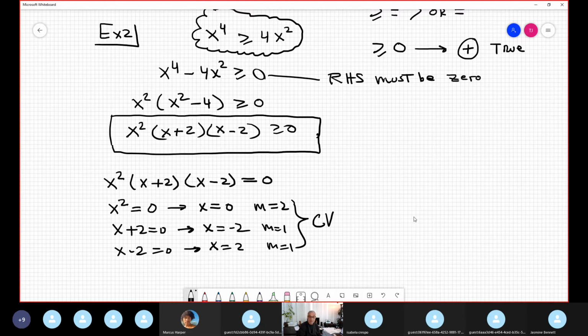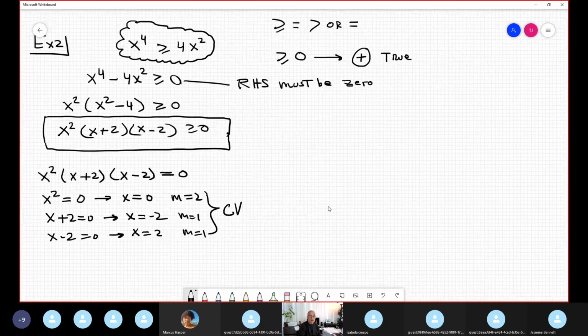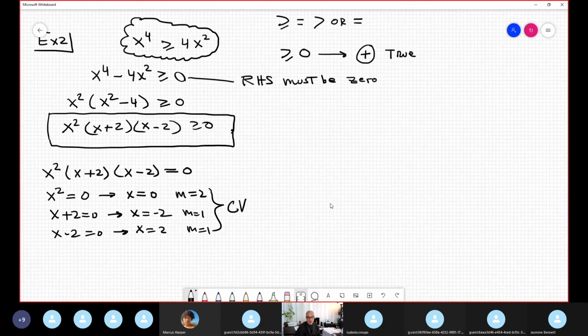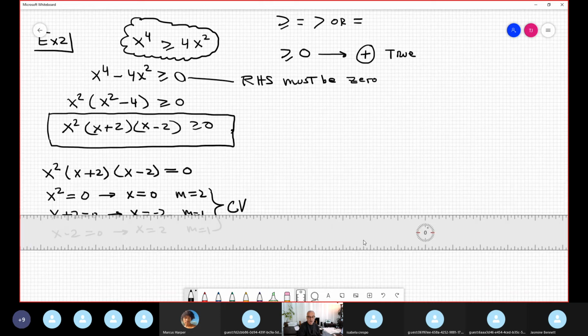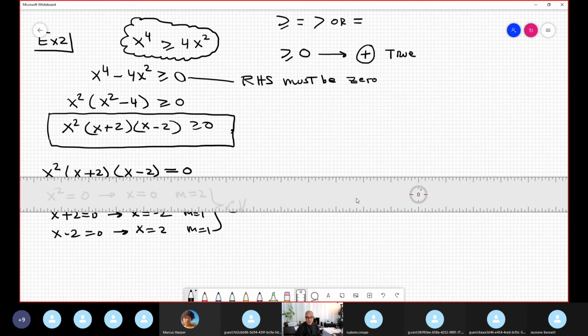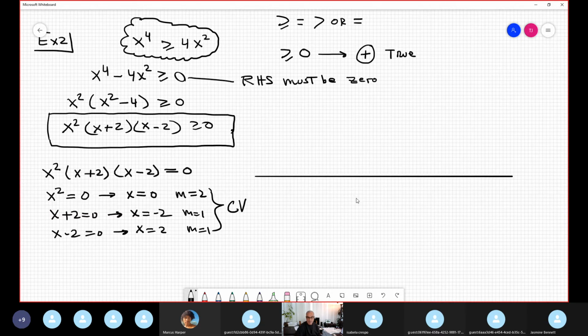So far it's okay. And immediately I draw the number line. I make a partition using these values. This is my famous number line, with infinity positive, infinity negative. We have a partition at 0, at 2, and at negative 2.